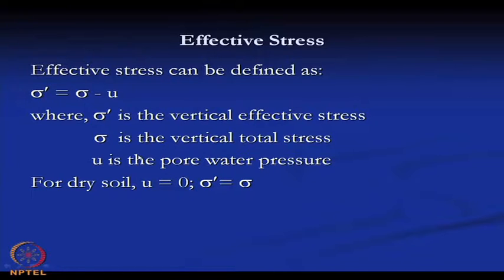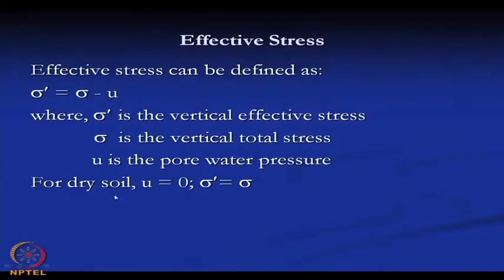So, consider when the soil is totally dry, that means there is no water. Now, if we apply the stress on a soil-water mixed system, the stress will be taken by the water, so pore water pressure will be developed. If the soil is totally dry, no pore water pressure will be developed.